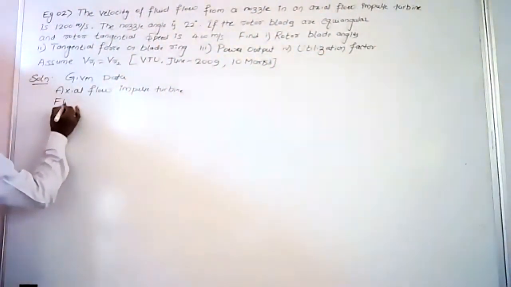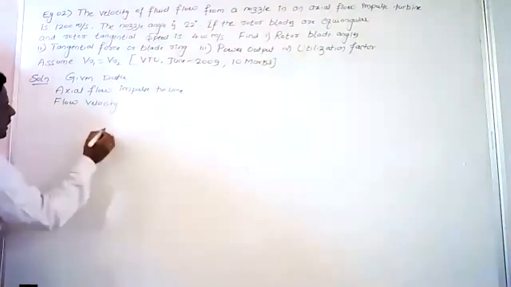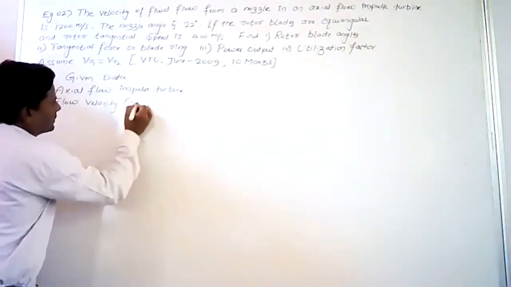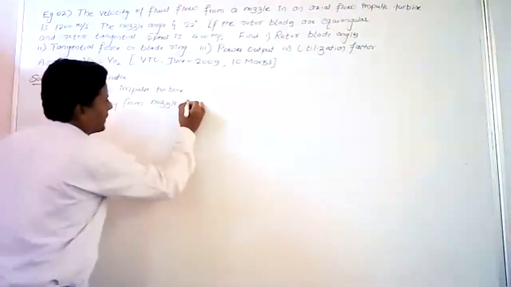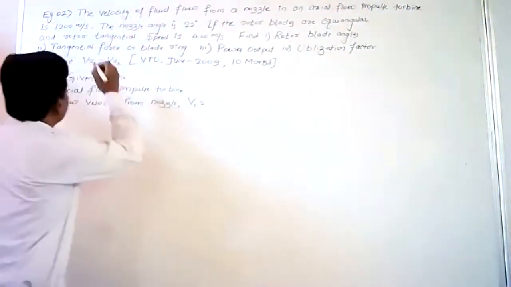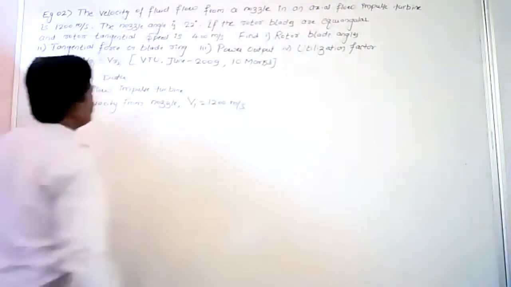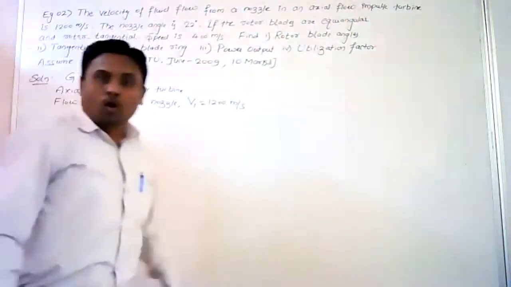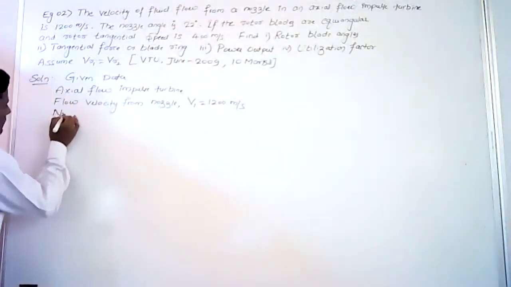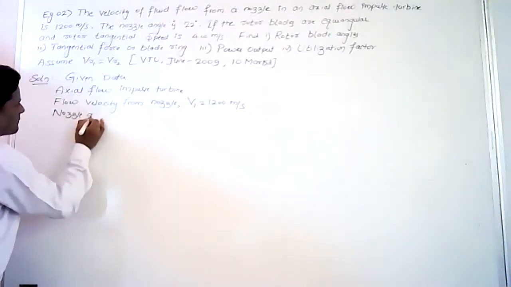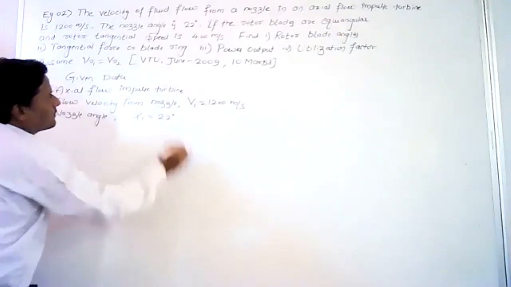Flow velocity from the nozzle is given by V1. V1 equals 1200 meter per second. Next, nozzle angle. Nozzle angle is represented by alpha 1, that is alpha 1 equals 22 degrees.